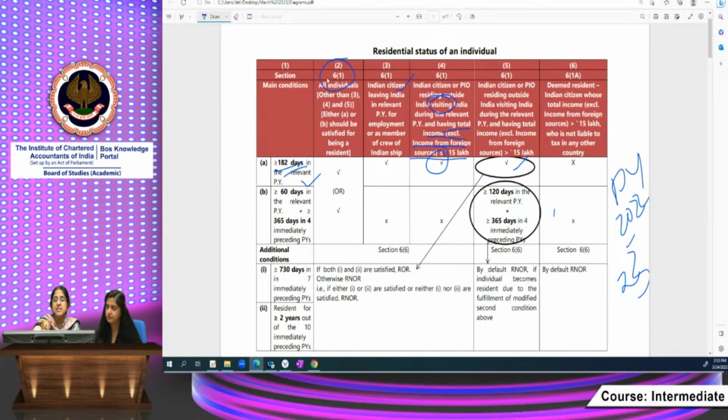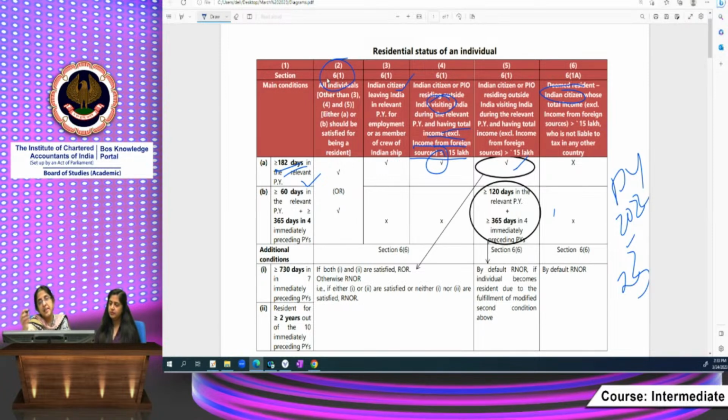It's an Indian citizen. Here, there's no person of Indian origin. He's an Indian citizen whose total income, excluding income from foreign sources, again, Indian income plus income from business controlled from a profession set up in India, is greater than 15 lakh and is not liable to tax in any other country. He should not be liable to tax in any other country. Then he would be deemed resident in India.